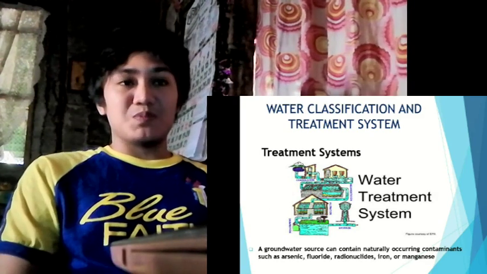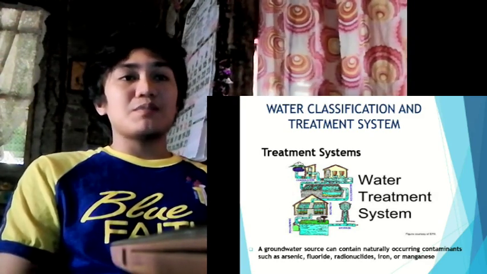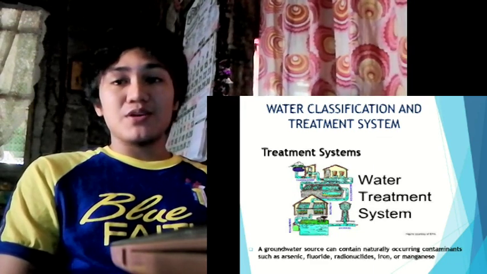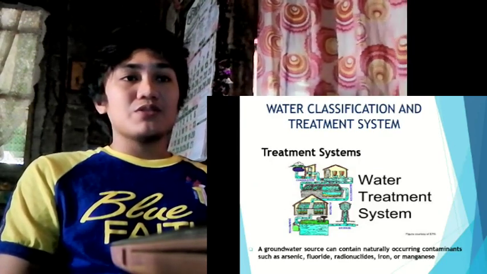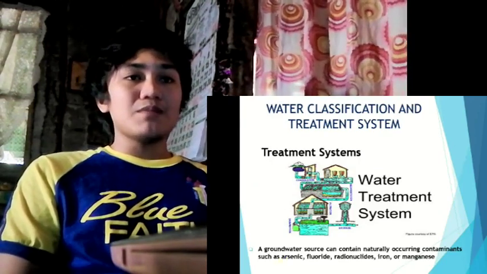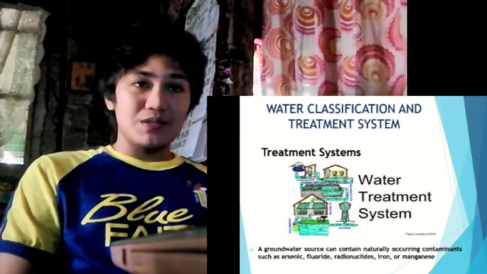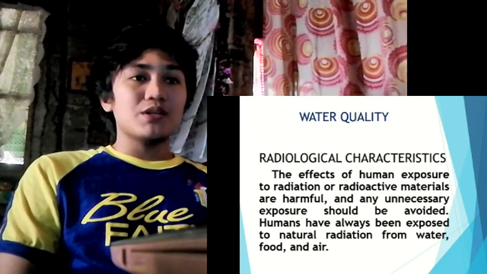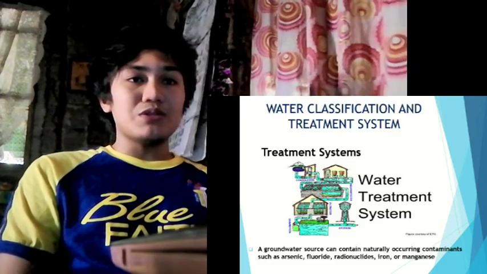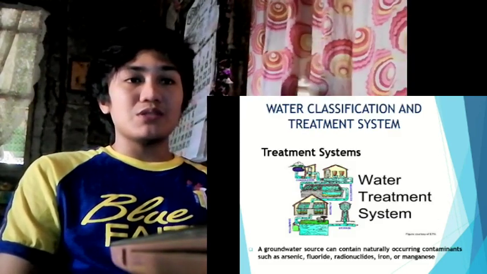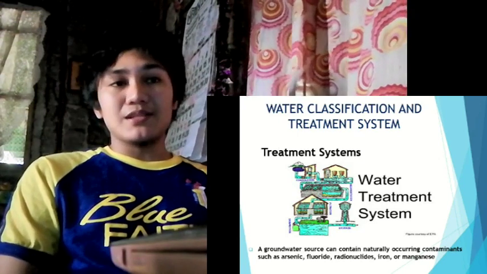Treatment systems. Treatment plants can be classified as simple disinfection, filter plants, or softening plants. Plants employing simple chlorination are usually groundwater sources that have high water quality and chlorinate to ensure that the water reaching customers contain safe bacteria levels.